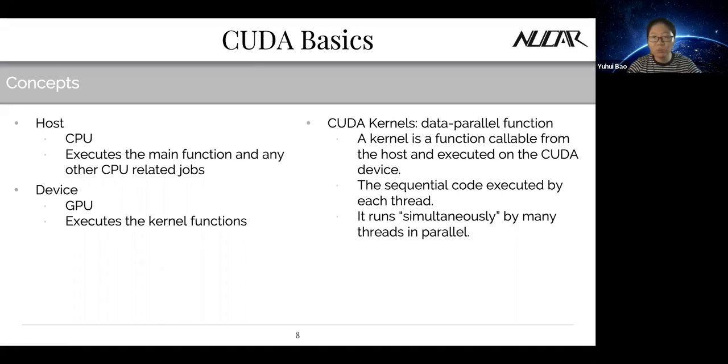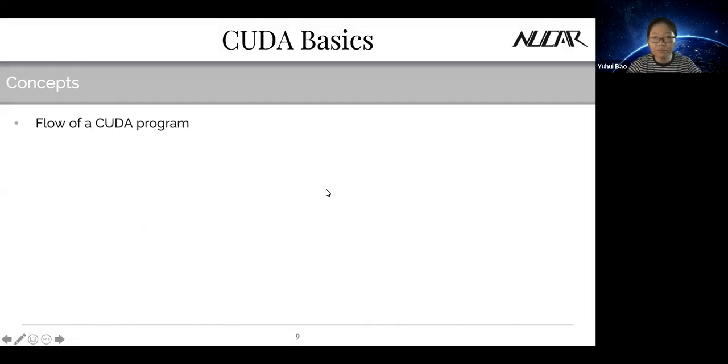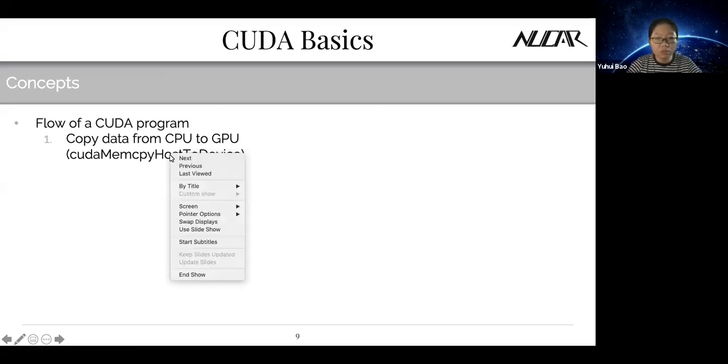And then we have to do other things from the CPU, like allocate memory on the GPU and transfer the data from CPU to GPU, then transfer the result back to CPU. So this shows the flow of the CUDA programming.